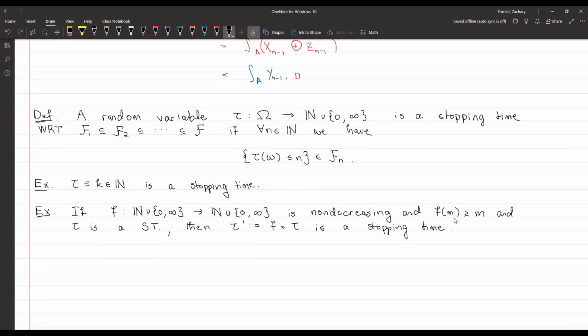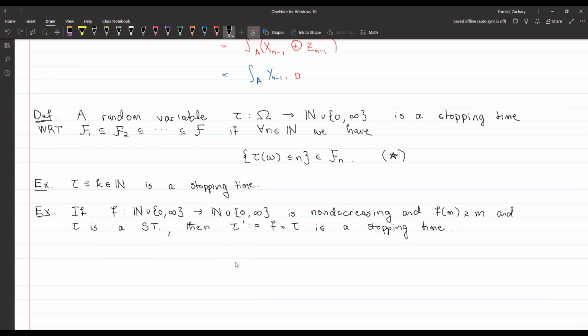Well, seeing that tau prime is a random variable isn't so bad. Seeing that it's a random variable with respect to our overall sigma algebra is not so bad. The only thing is showing that this restriction property, which I'm just going to call star, actually turns out the way that we want. But even that isn't so bad.